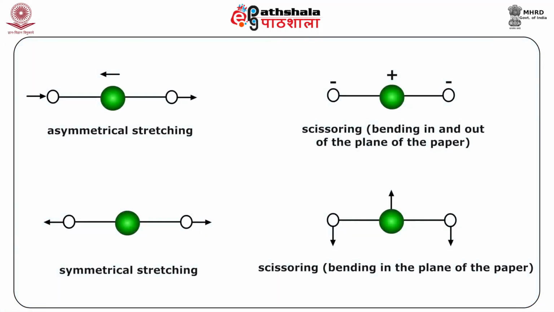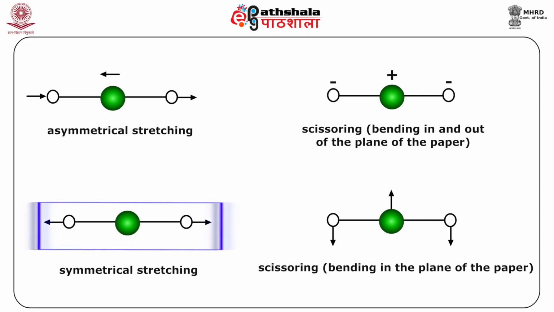For example, Enrico Fermi showed this particular example in the case of carbon dioxide, which is a linear molecule and has 4 fundamental vibrations, but actually shows only 2 bands, at 666 centimeter inverse and 2350 centimeter inverse.